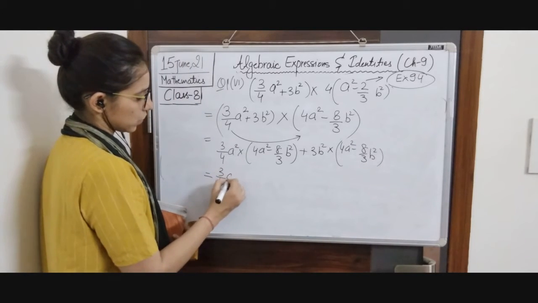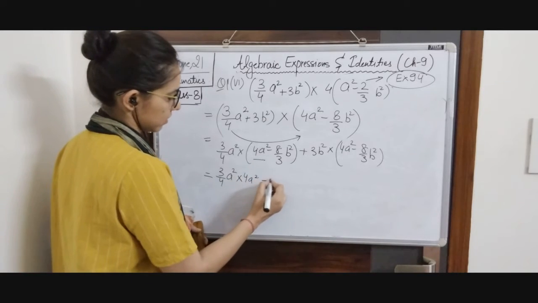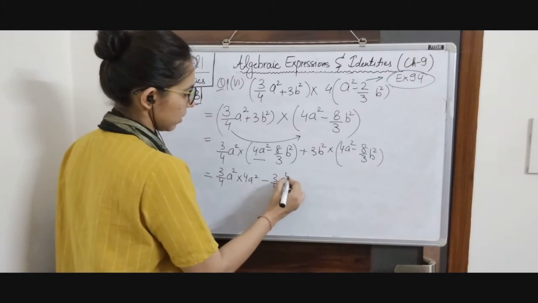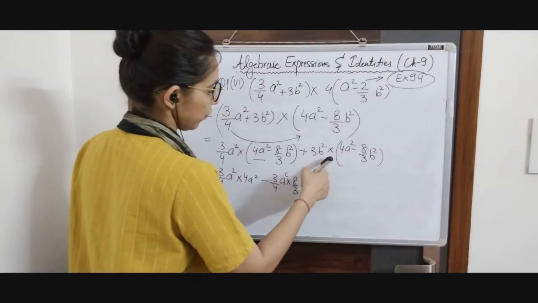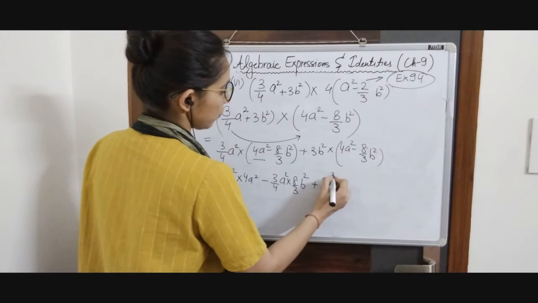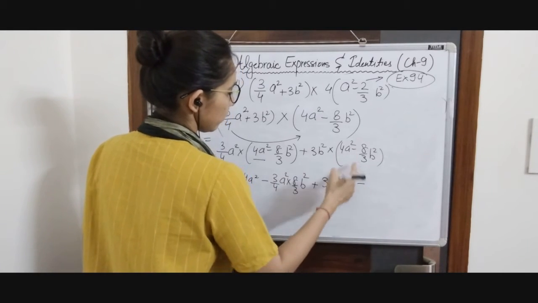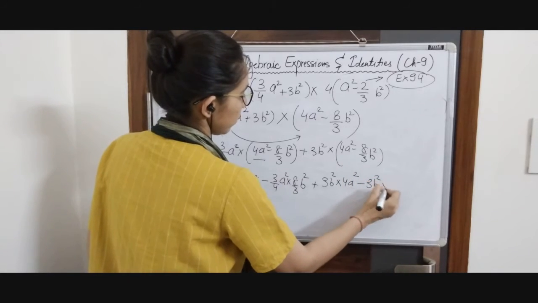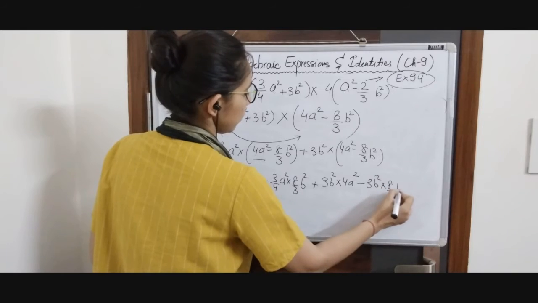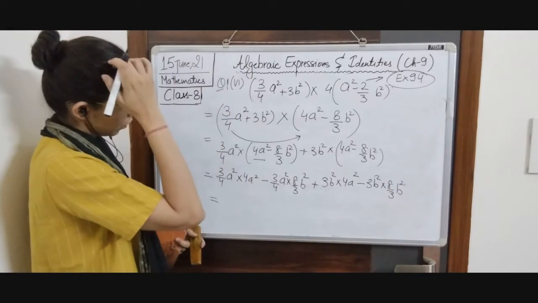3 by 4 a square into 4 a square first term minus 3 by 4 a square into 8 by 3 b square. Now moving on to this, 3b square into 4a square minus, because there is minus in between these two terms, minus 3b square into 8 by 3b square. Now we are going to solve the coefficient part.